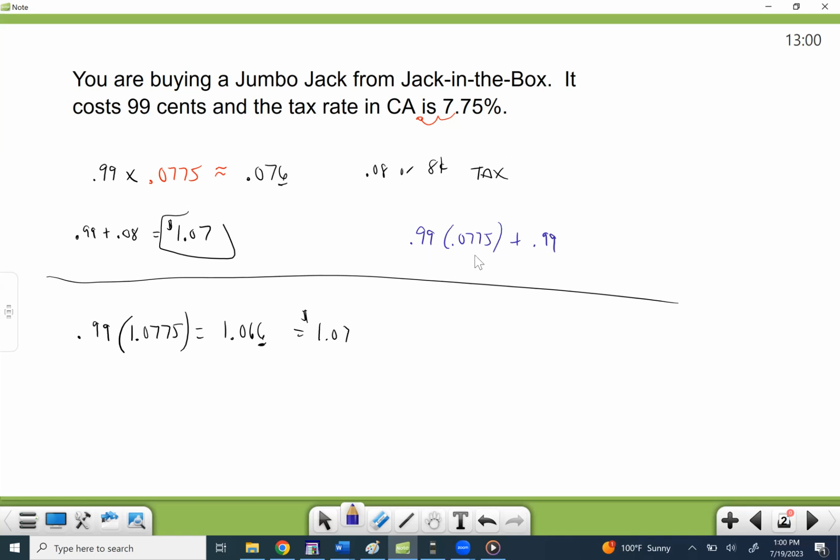This right here is how I get the tax. And I added the tax back. Well, if I put a little 1 after this guy, and you think about combining like terms, this 1 and this 0.0775 will make 1.0775 times the 99 cents. Okay, so that's what's going on right here.